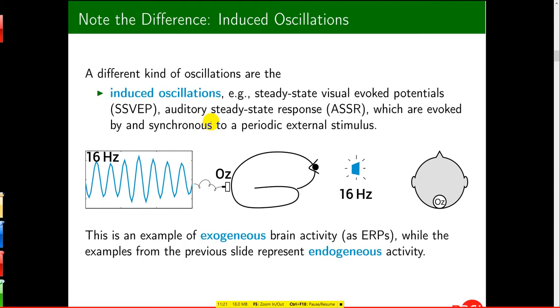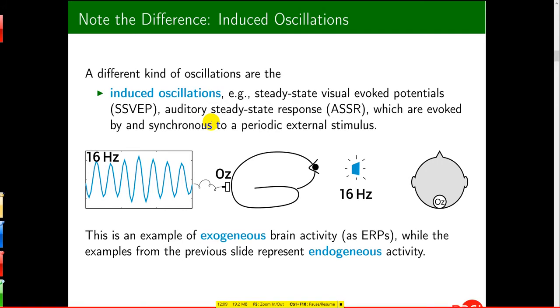ERP is in time, right? One difference to note is that these steady state visual responses are evoked potentials, but not induced. Induced is what we imagine without any external stimulation. SSVEP is synchronous to periodic external stimuli, while SMR, sensorimotor rhythms, are asynchronous.